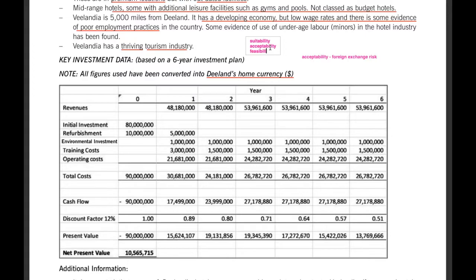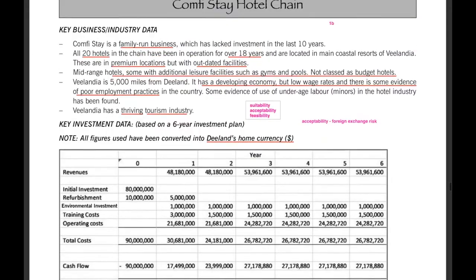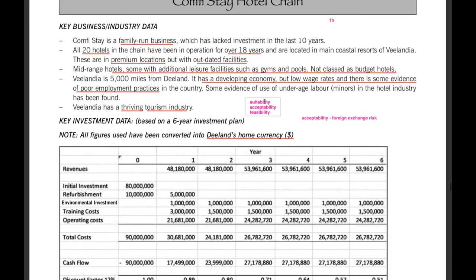Feasibility. All right. Some of this information you can actually use for suitability, acceptability, and feasibility. So the risk here, you can actually use it for feasibility.